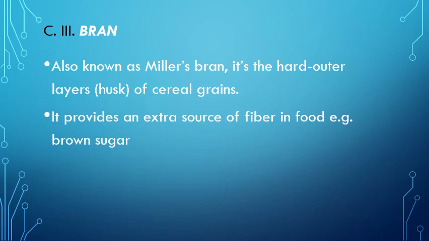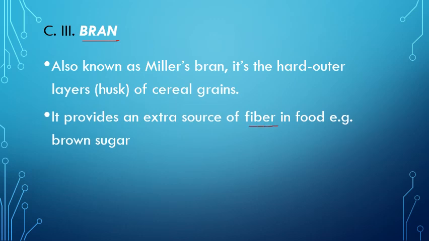For example, brown sugar. If you look at brown sugar and white sugar, they are typically the same. The only difference is brown sugar is simply white sugar to which bran has been added, and this bran happens to be rich in fiber.